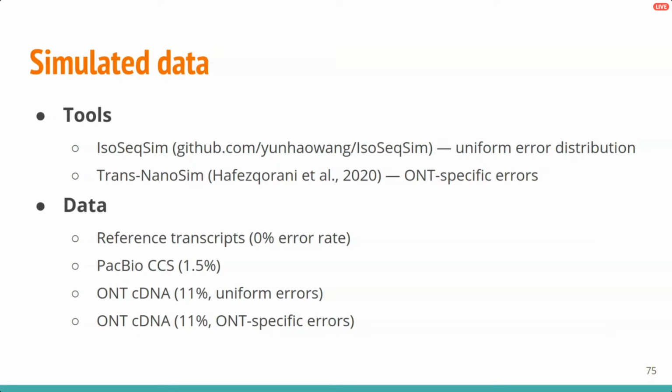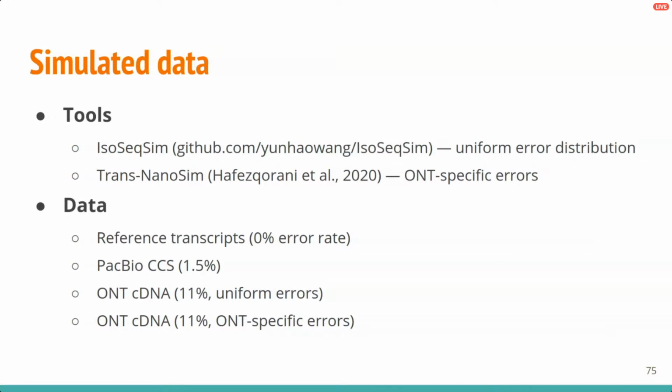So 1.5% is obtained from our real PacBio CCS data. And we also simulated 2 different nanopore data sets, one with 11% of uniform errors. So it's not real nanopore, it's very erroneous, closer to something like PacBio raw reads.